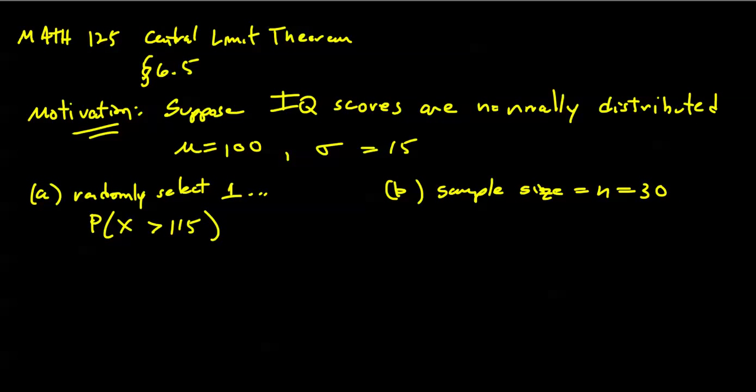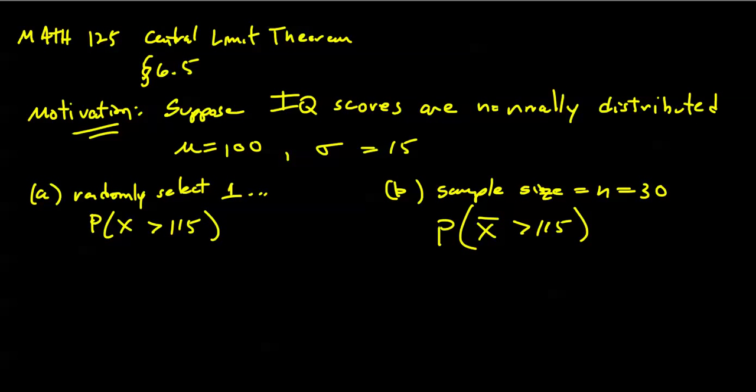Little n represents sample size, of course. And I'll let X bar represent the mean of that sample of 30. And I'll ask, what's the probability that that sample mean is greater than 115? The same limit as in part A.